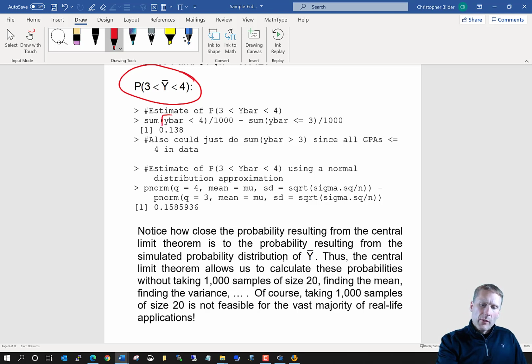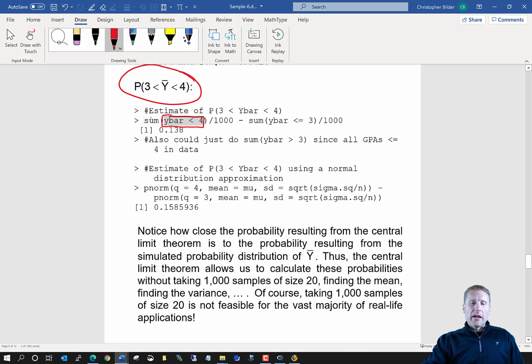We've seen some of these ideas before. So y bar itself has 1,000 y bars in it. And if I do y bar less than 4, what this is going to give me is a bunch of trues and falses. So I'm going to have 1,000 trues or falses throughout. Actually run this on your own to see that that happens.